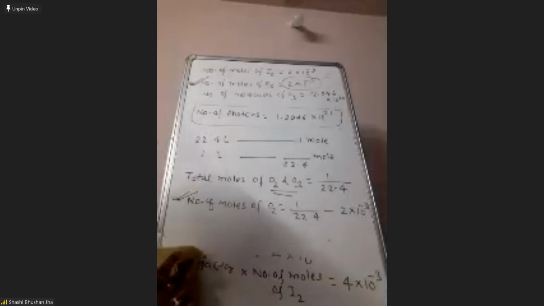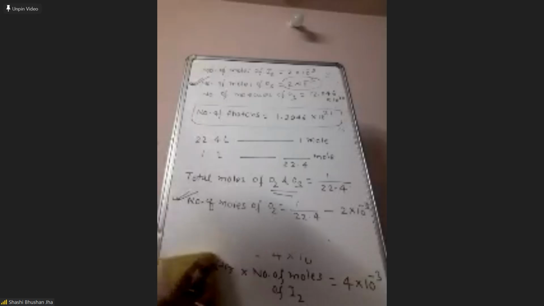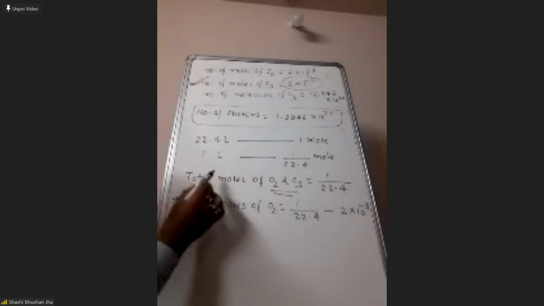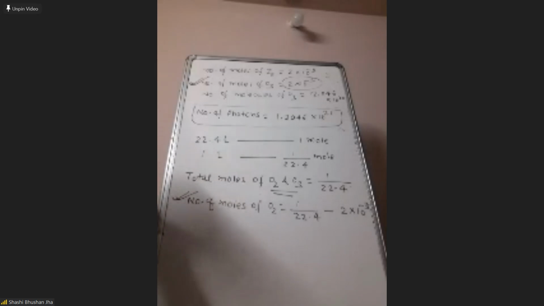After getting the mass of ozone and oxygen, so from the first line, we have got the total number of moles of oxygen and ozone in the mixture. This is 1 by 22.4 because STP condition is given. From there, if we subtract the number of moles of ozone, we will get the number of moles of oxygen.